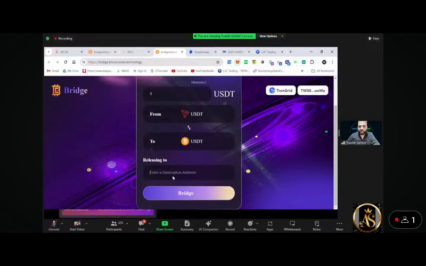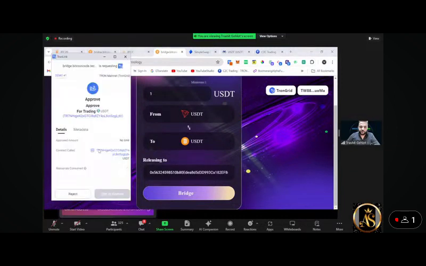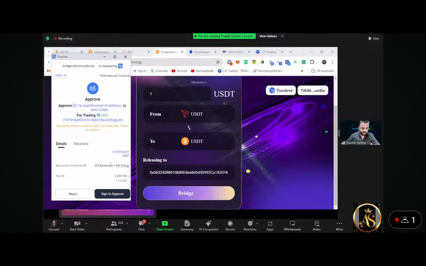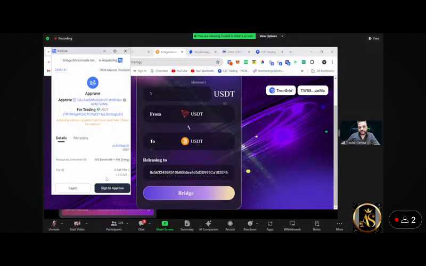And we bridge in. Over here, it will ask you for approval on the Tron wallet, and see the fees, it's almost $0.043 because we consume energy from the energy we borrowed.